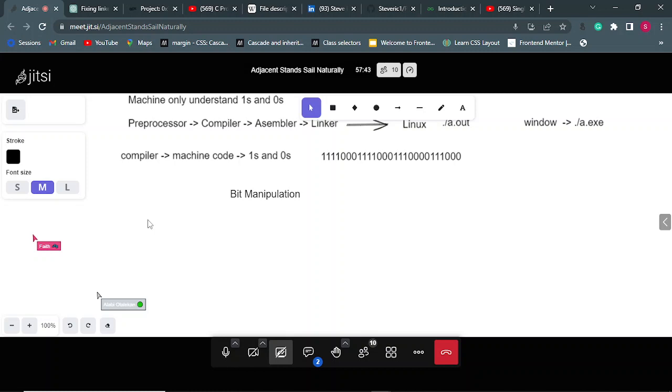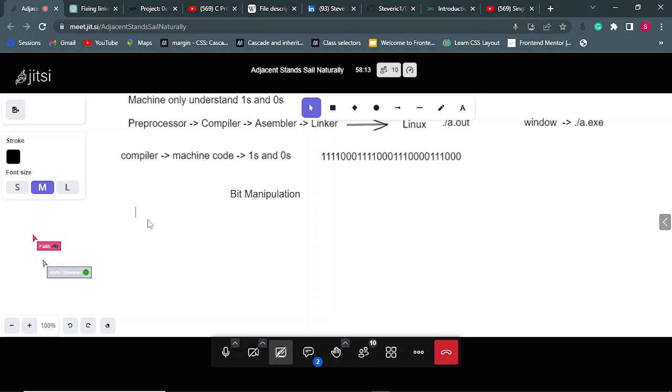Right now I don't want to write my code in a higher level language. I want to speak to the machine itself in the language it understands. As I'm speaking now, I'm speaking the language you guys understand. If I'm speaking my own language, you'd be like, what am I saying? But for me to communicate with you guys, I have to speak in the language you understand. So the bit manipulation here is that I want to manipulate bits.